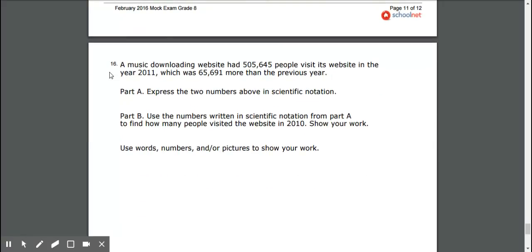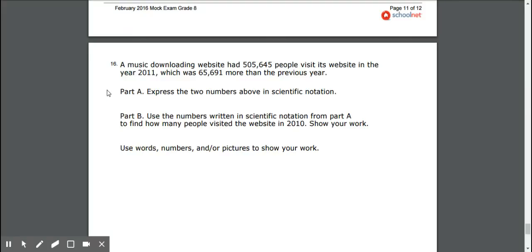And finally, question 16. A music downloading website had 505,645 people visit its website in the year 2011, which was 65,691 more than the previous year.